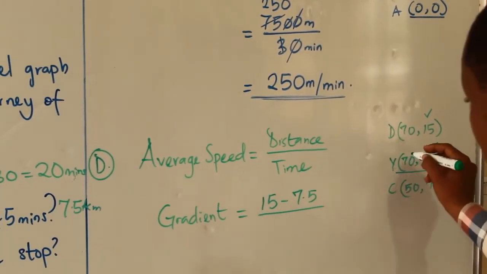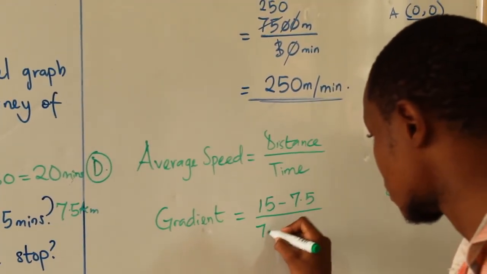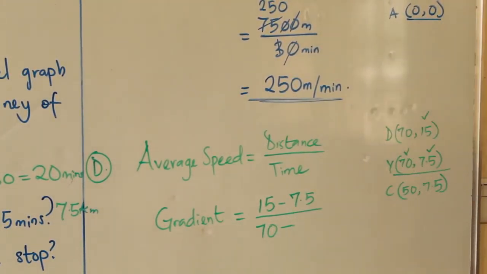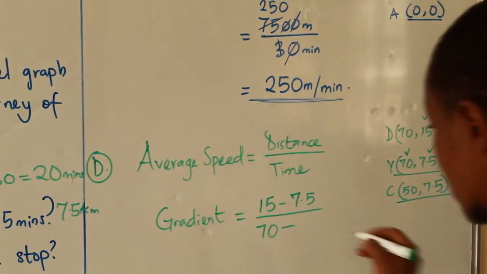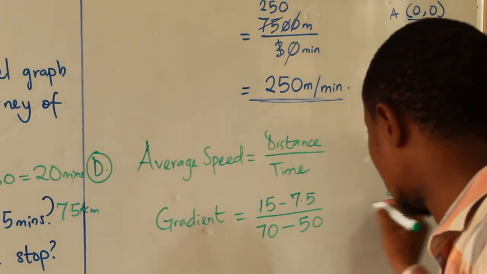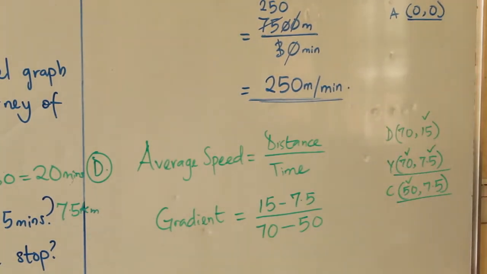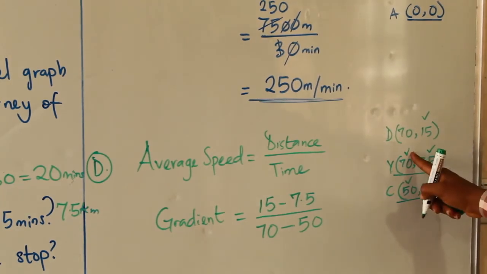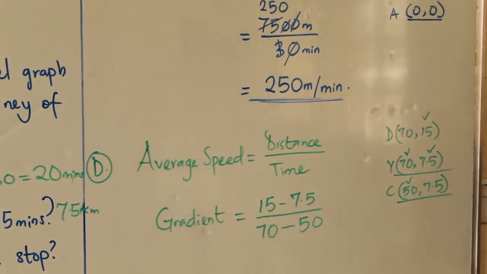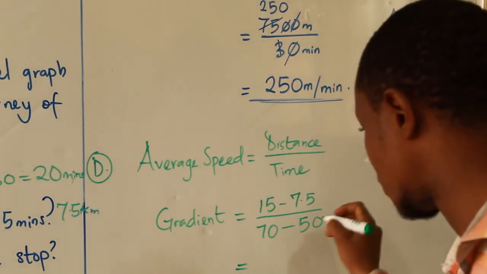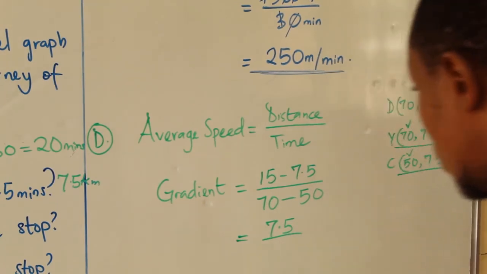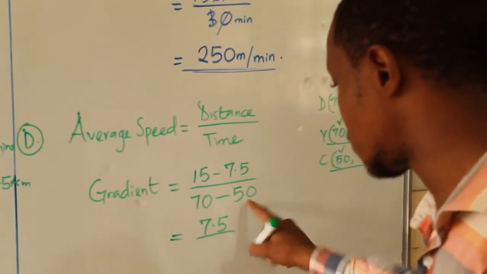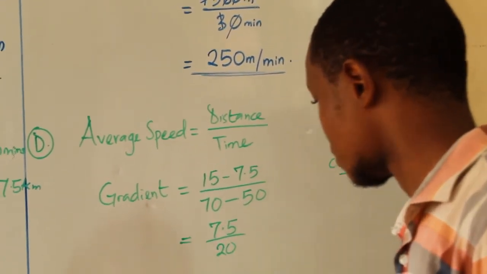Now for x, 70 minus, and that's C. C is the next horizontal point, which is 50. So what have we done so far? We did 15 minus 7.5, and now 70 minus 50. Now 15 minus 7.5, we know that is going to give us 7.5 over 70 minus 50 is 20.